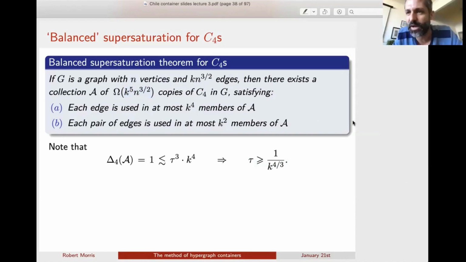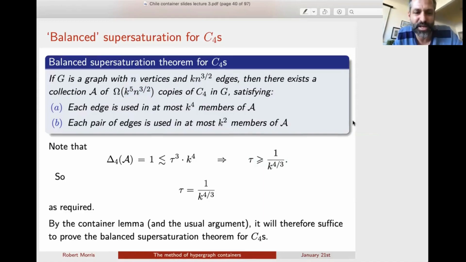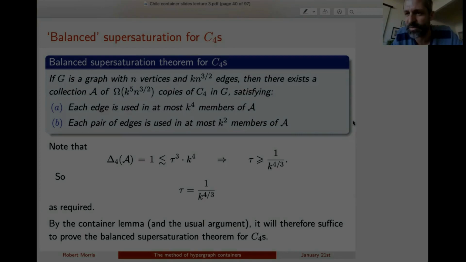Okay, so this is all very quick because I'm just trying to wrap up. So you get your tau is k to the 4/3. So it's enough to prove this balanced supersaturation theorem. And perhaps because I'm running out of time, I'll pick up at this point tomorrow and talk about how to prove such a balanced supersaturation theorem.